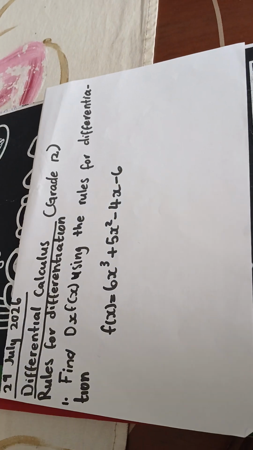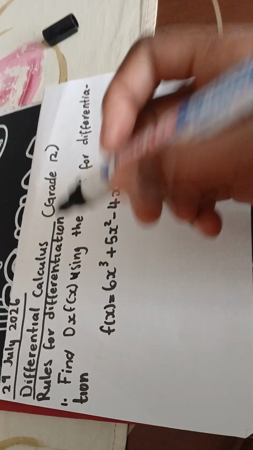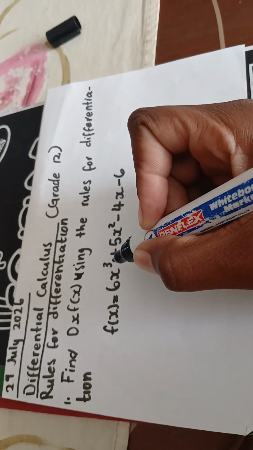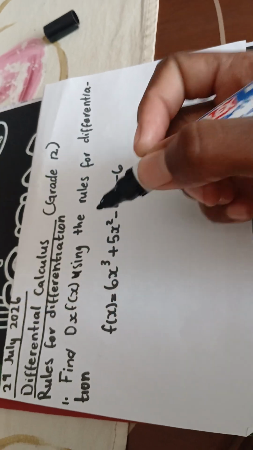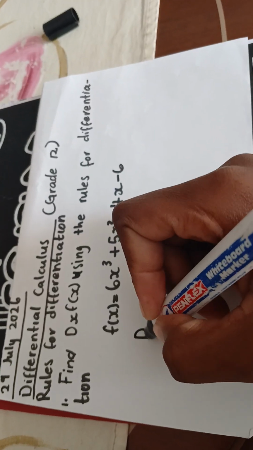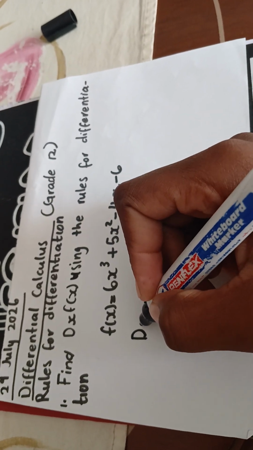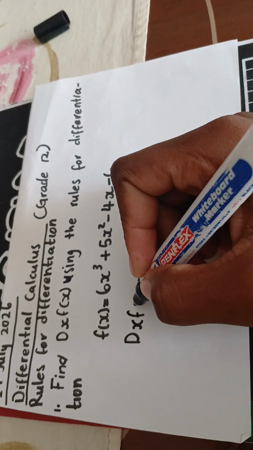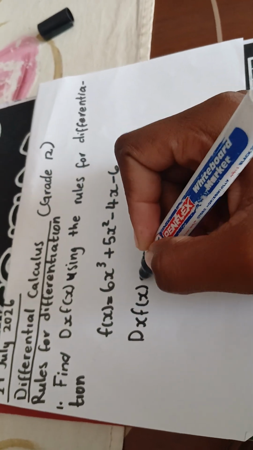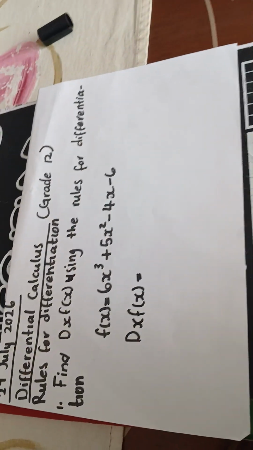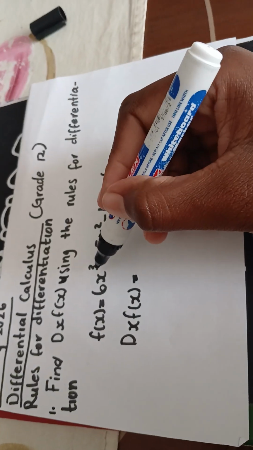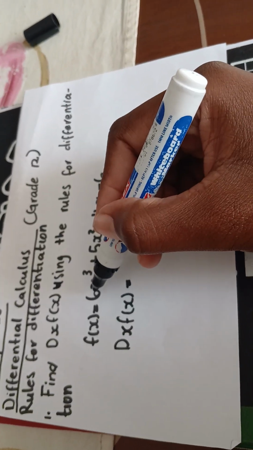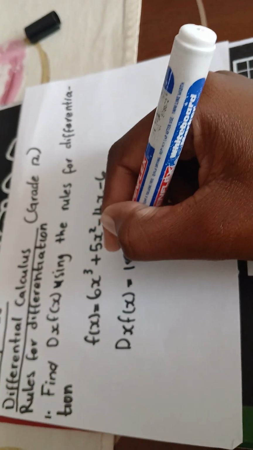So, okay, we understand that when we're dealing with a polynomial like this, the first thing that we'll do is put what we are supposed to find, we'll equate it, because this is a function. You're going to say 3 multiplied by 6, and you're going to have your 18.